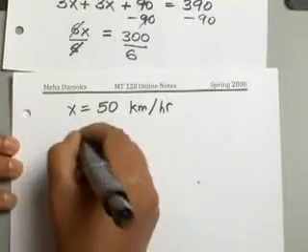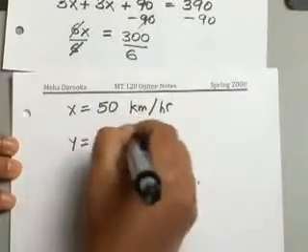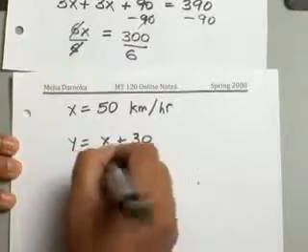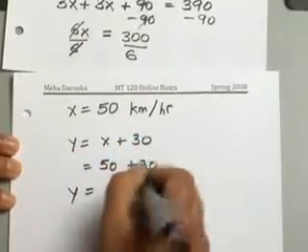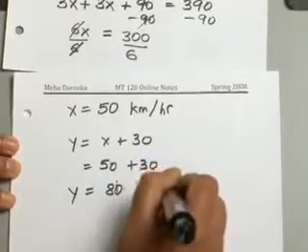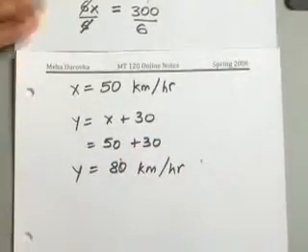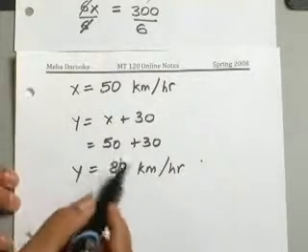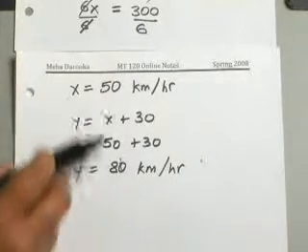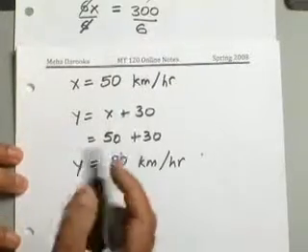So y equals x plus 30. x was 50. 50 plus 30, of course, gives you 80. And you can see that the speed of your express train is going to be 80 kilometers per hour. There's that difference of 30 kilometers per hour in their speeds.